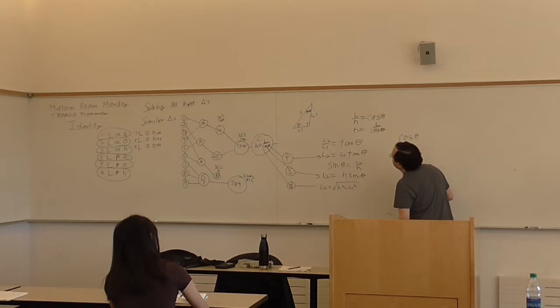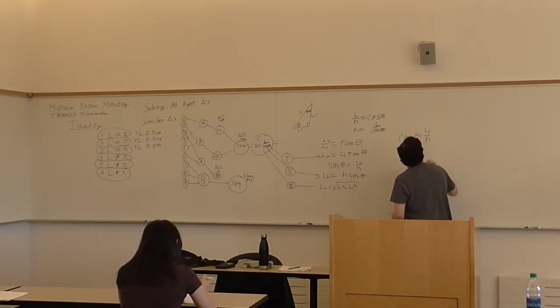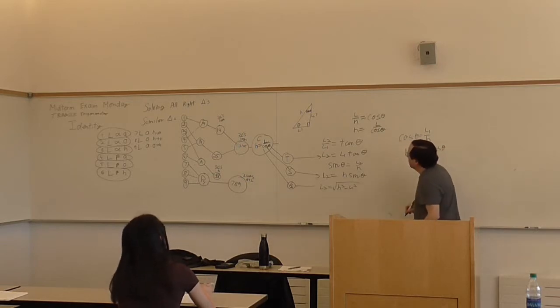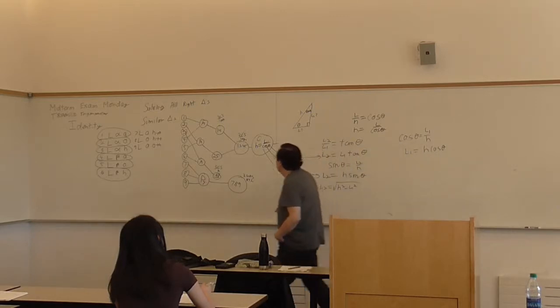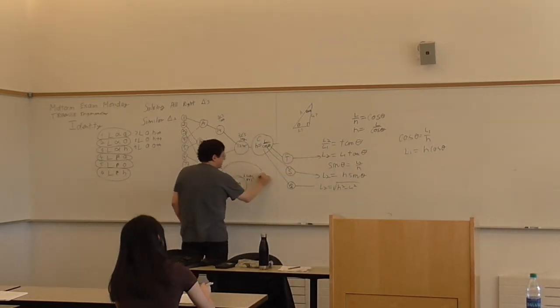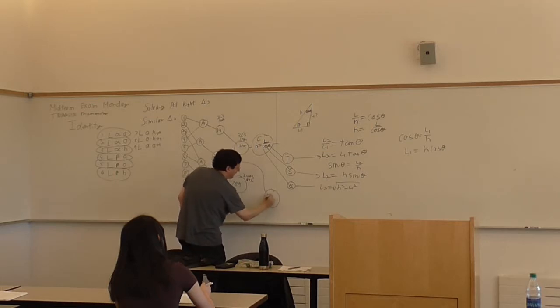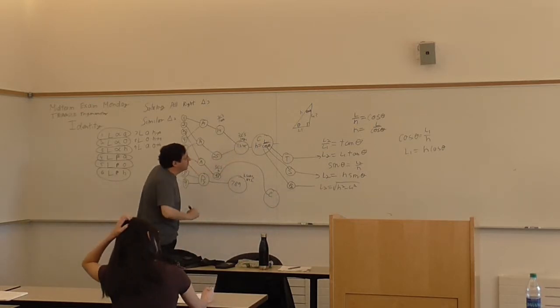Cosine of theta is L1 over the hypotenuse. So L1 is just h times the cosine of theta. We'll call that the cosine process again.